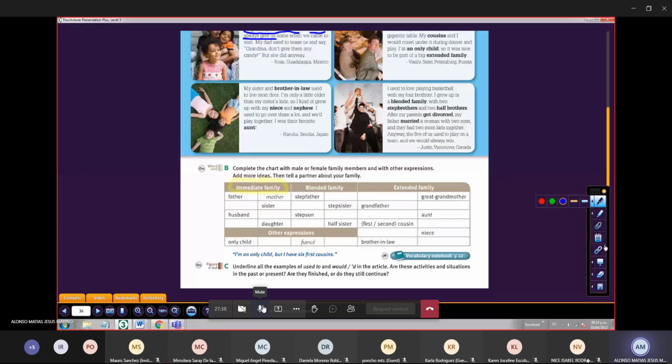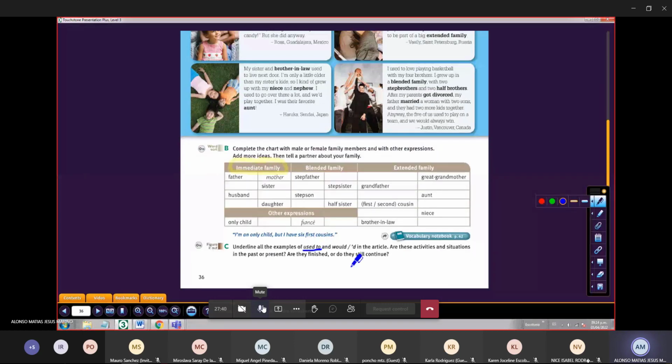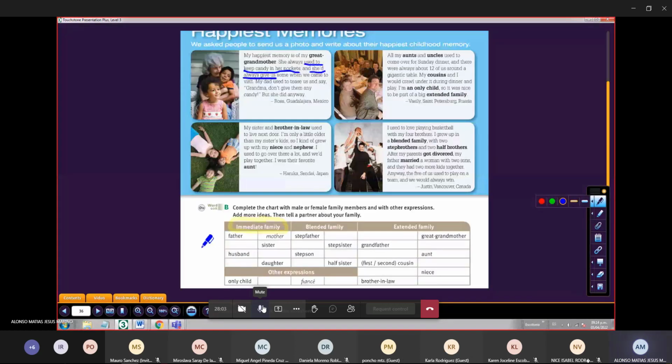Structures of used to and would. Okay. Now I ask you, are all of these activities and situations in the past or the present? What do you think? In the past.